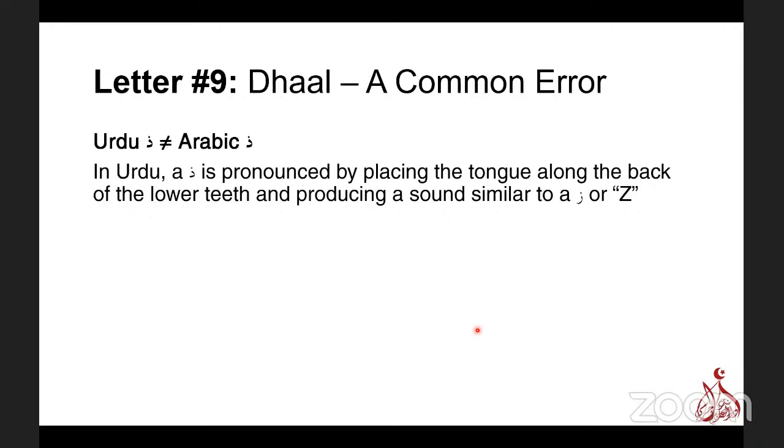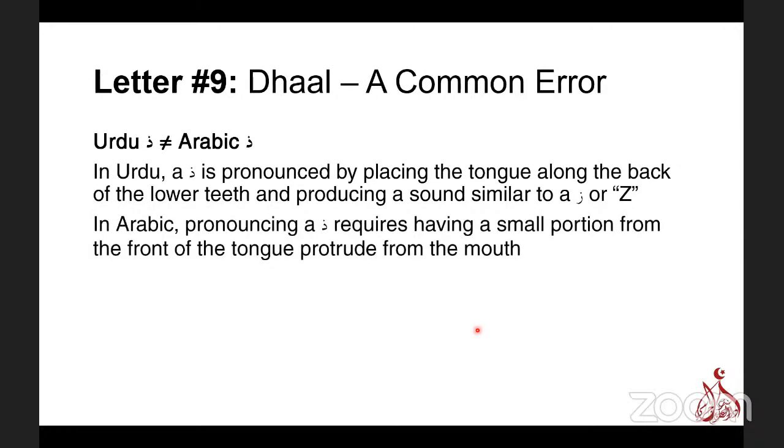Your tongue is somewhat touching the bottom teeth, and a bit of it might be hugging the upper gums as well, but generally speaking, the tongue is on the bottom teeth. So that's a z sound. That's why they call it zaal with a z in Urdu.